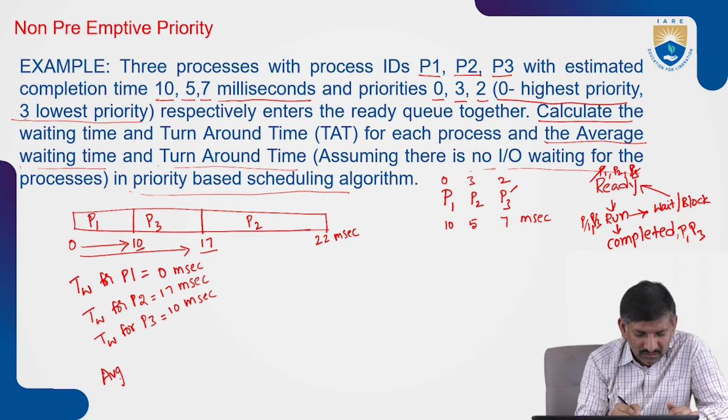Average waiting time is equal to the sum of all these waiting times divided by the total number of processes.